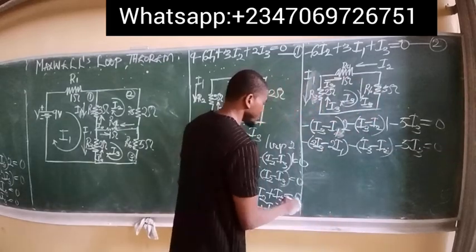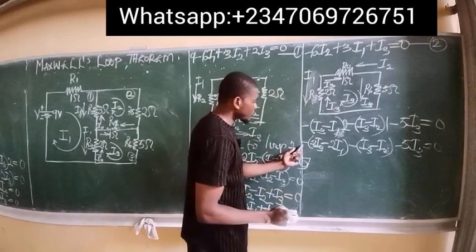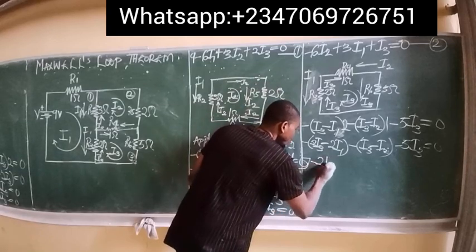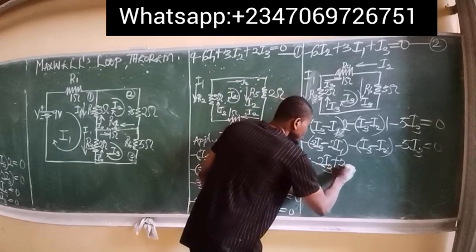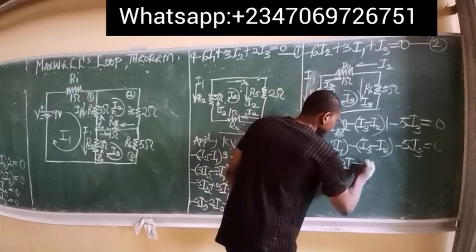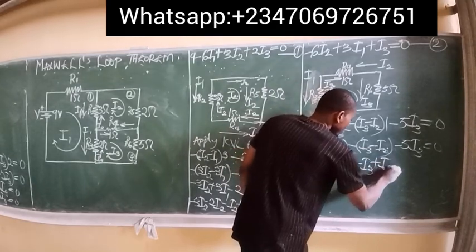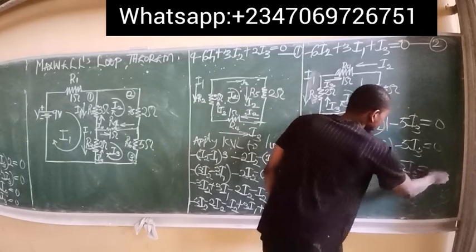So let's expand now with the negative signs. So I have here minus 2, minus times 2I3 gives me minus 2I3, minus times minus gives me plus 2I1, minus times I3 gives me minus I3, minus times minus I2 gives me plus I2, minus 5I3 equals 0.